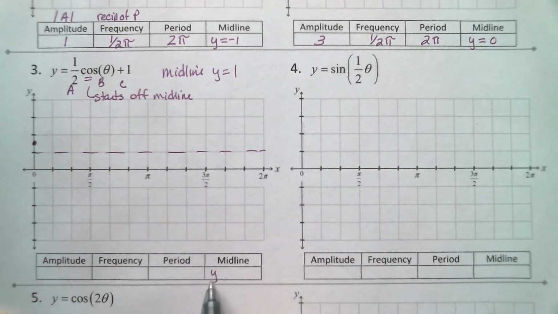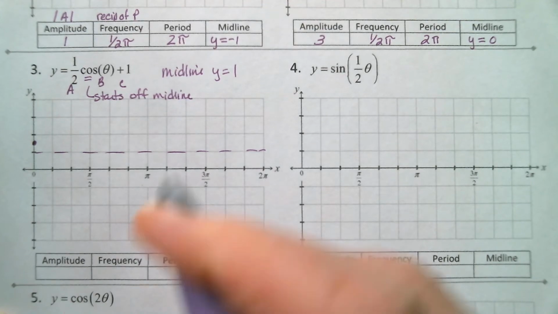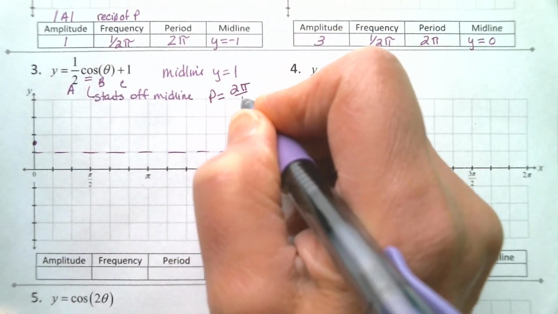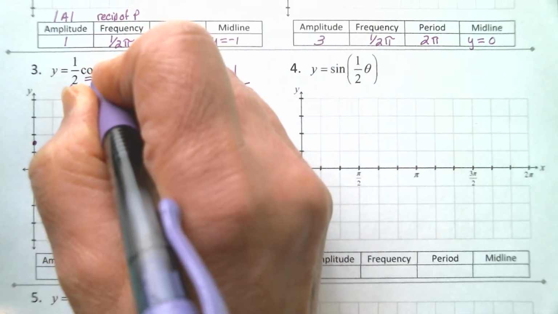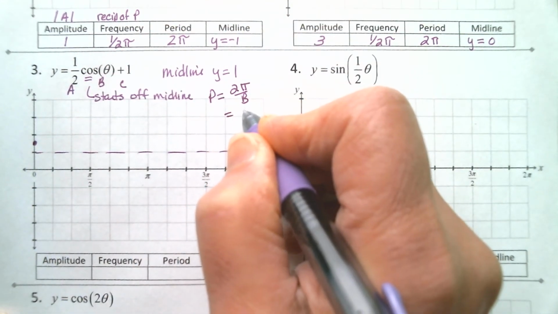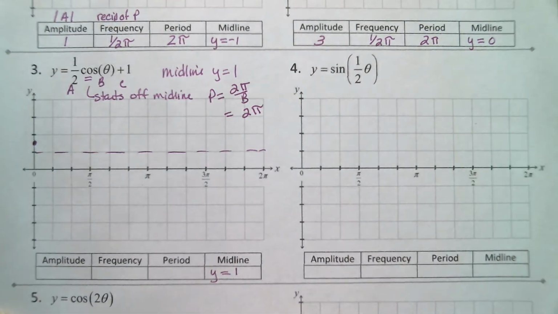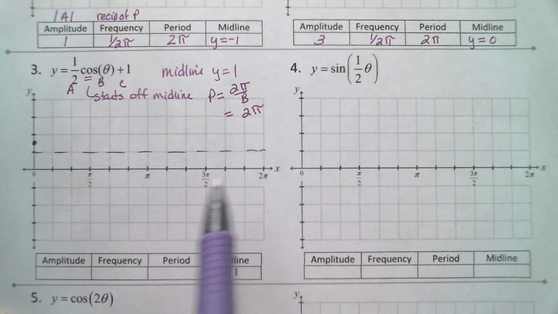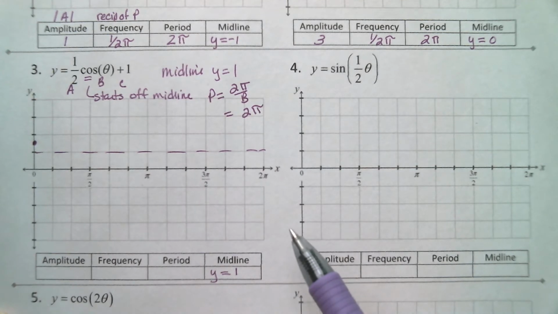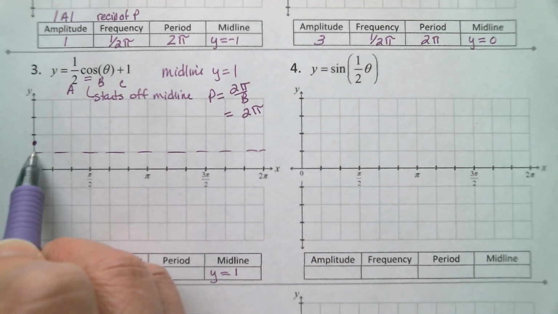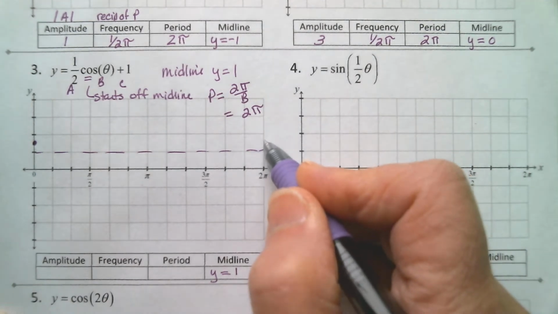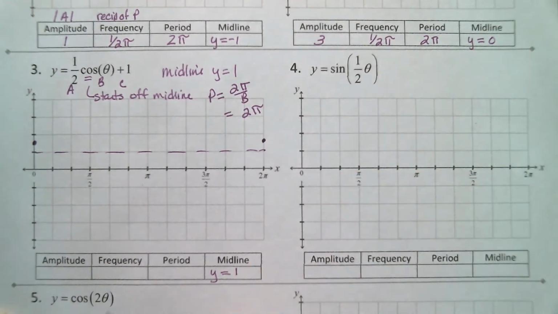So our midline is y equals 1. We need our period. Period is 2 pi over b, and b here is 1. So 2 pi over 1 is simply 2 pi. So it requires a distance of 2 pi for one cycle of cosine. It's going to start half a unit above, and end at 2 pi radians, half a unit above its midline.